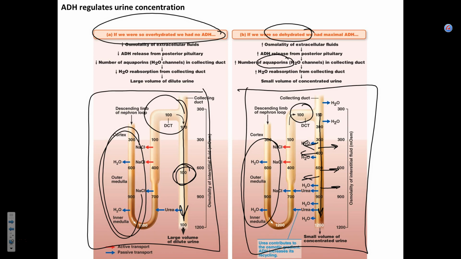And your posterior pituitary gland will release the hormone called ADH, antidiuretic hormone. That hormone, ADH, will enter the bloodstream, get all the way to your kidneys, and will stimulate the synthesis of aquaporins in the epithelial cells of the collecting duct. The number of aquaporins will increase, water reabsorption will increase.